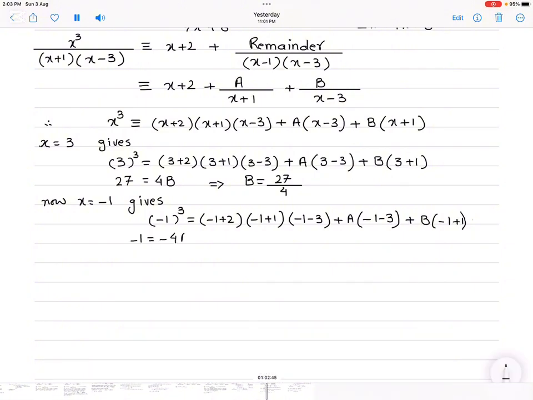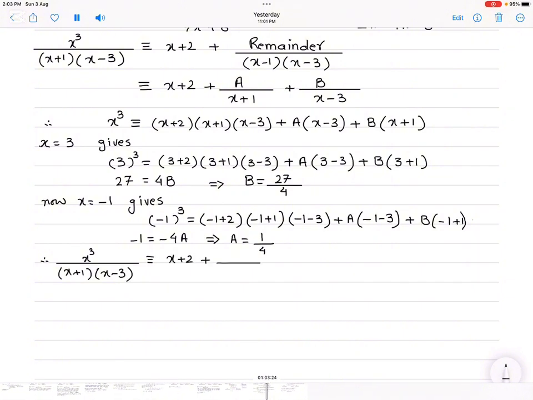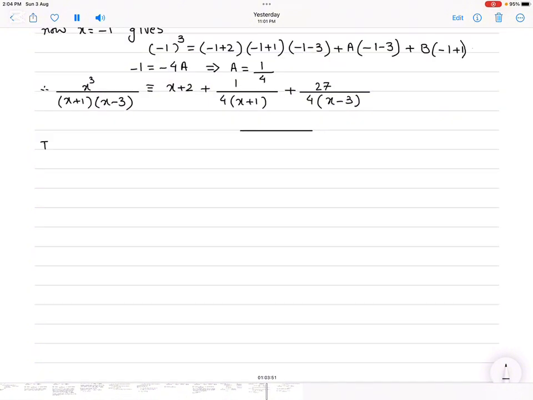Simplifying this, we get −1 = −4A and A = 1/4. Therefore x³/((x + 1)(x − 3)) is identical to x + 2 + (1/4)/(x + 1) + (27/4)/(x − 3).